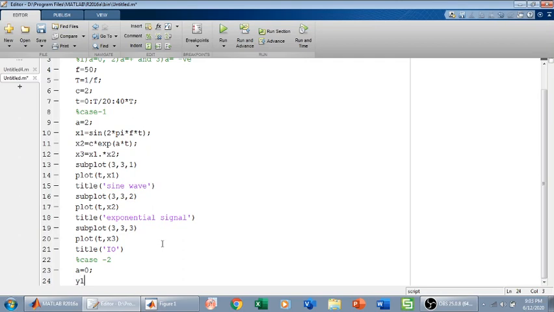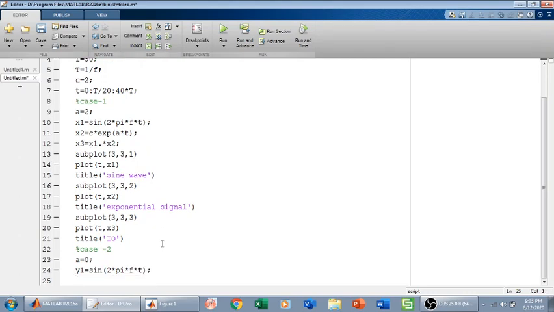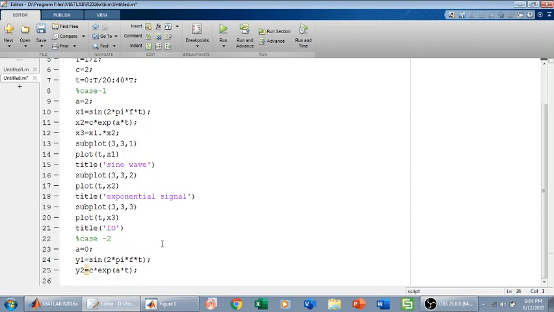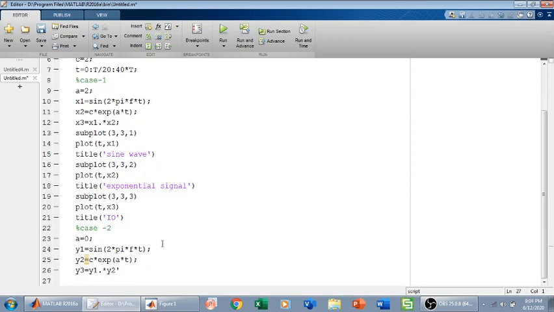Again, y1 I will define as the sine wave, and the range of t will be the same. y2 will again be c exponential at, but now my a is 0. And then y3 will be the multiplication of y1 and y2. After plotting this, hopefully we are going to get a sustained oscillation.